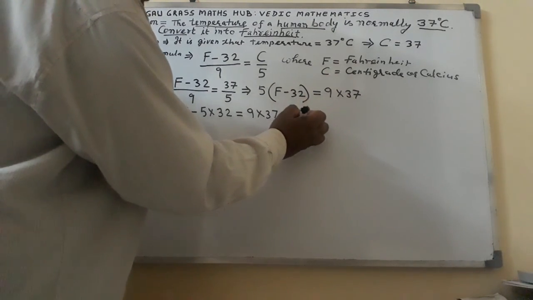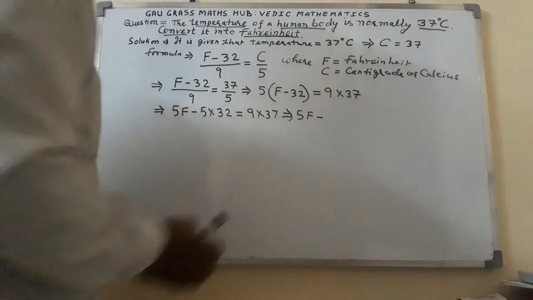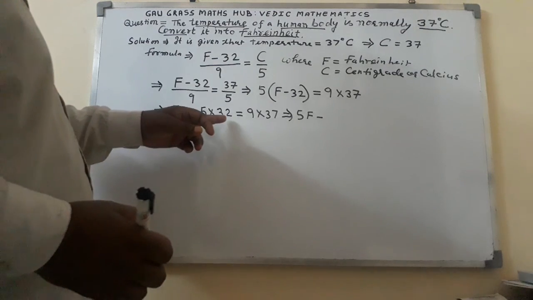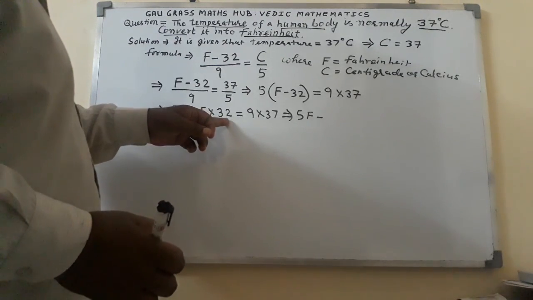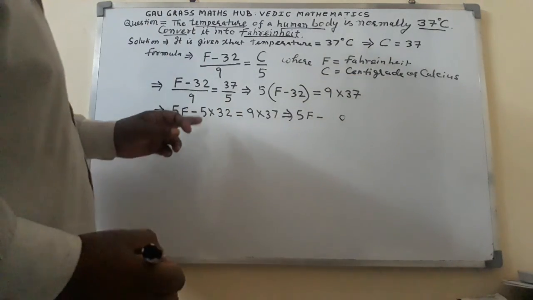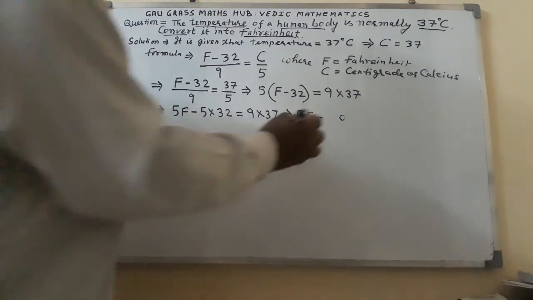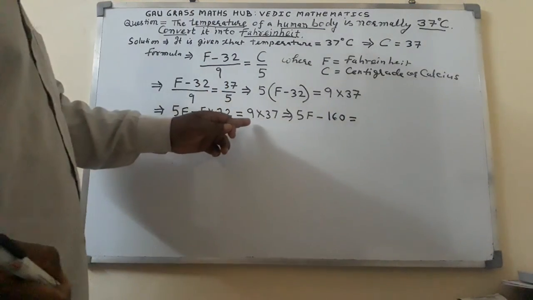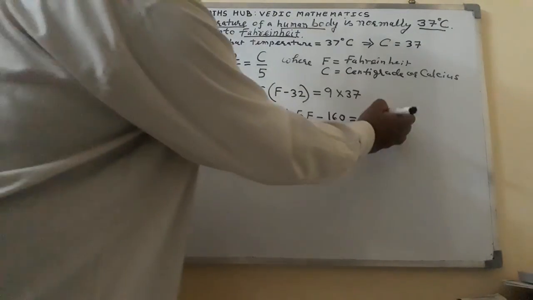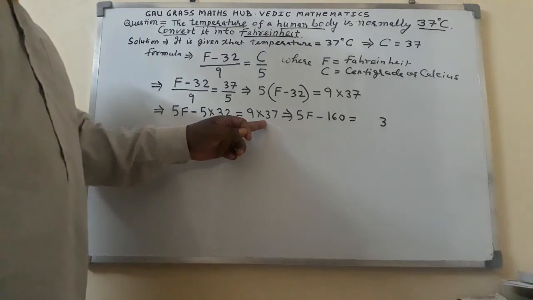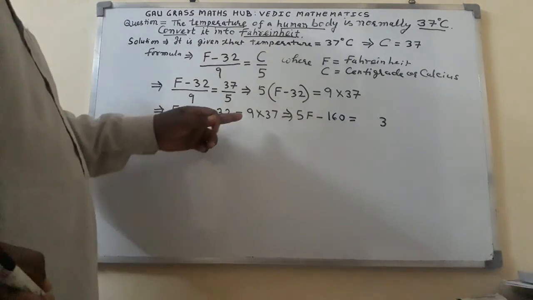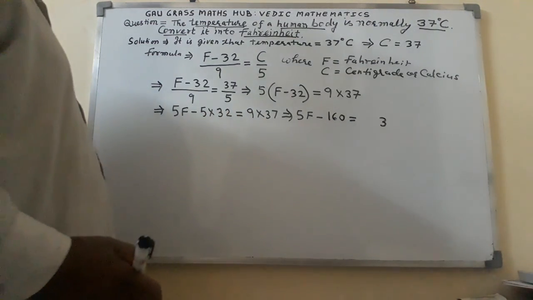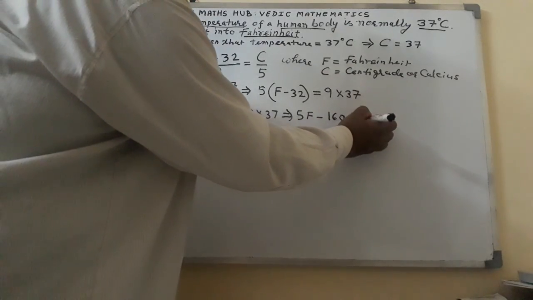You will get 5F minus, and 32 will multiply with 5. 5 twos are 10, and 5 threes are 15, 15 plus 1 is 16, 160 we will get, equal to 9 sevens are 63, carry will be 6, 9 threes are 27, 27 plus 6 will get here 33.